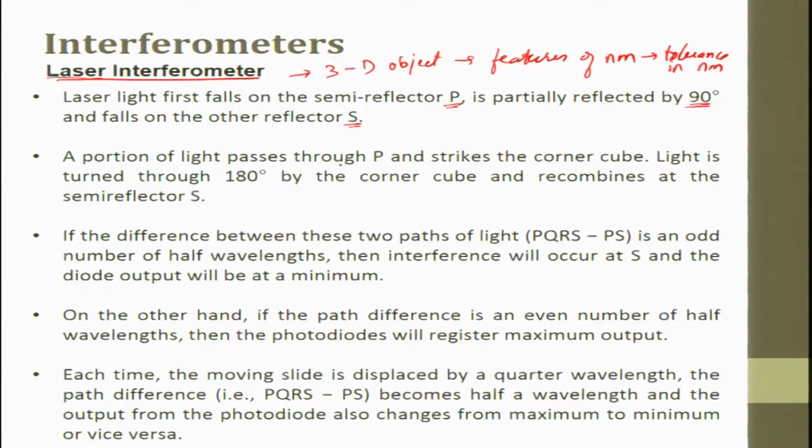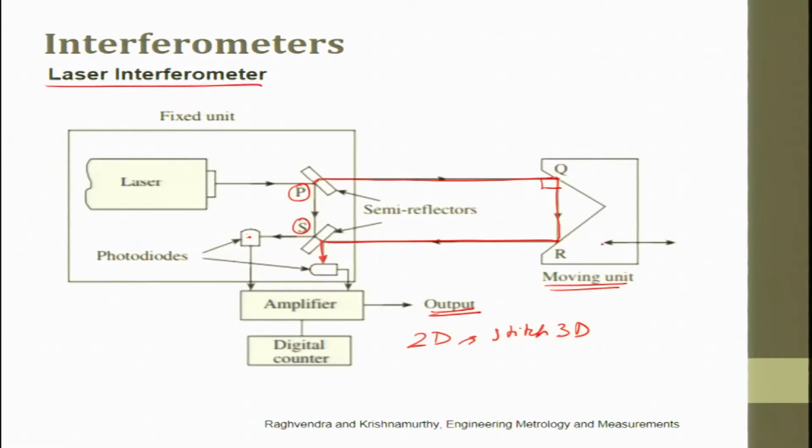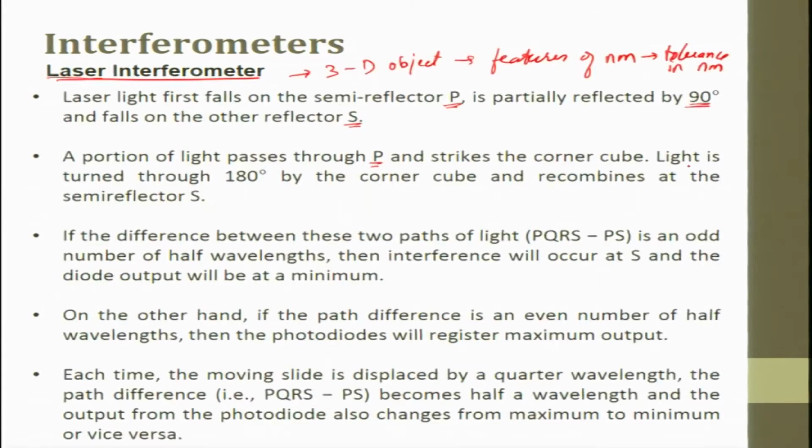A portion of the light passes through P and strikes the corner cube. This is called a corner cube. Light is turned by 180 degrees, right.